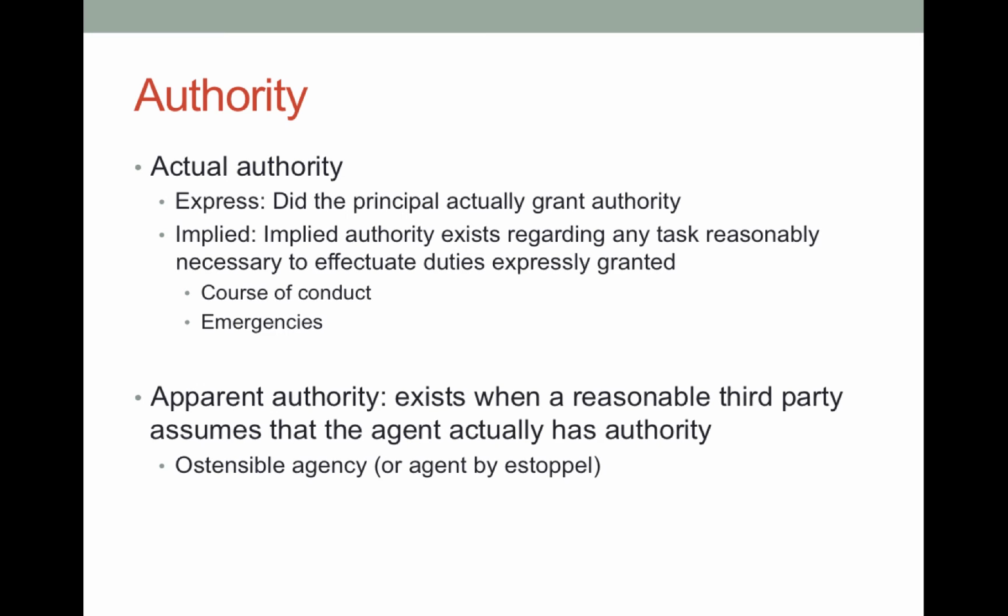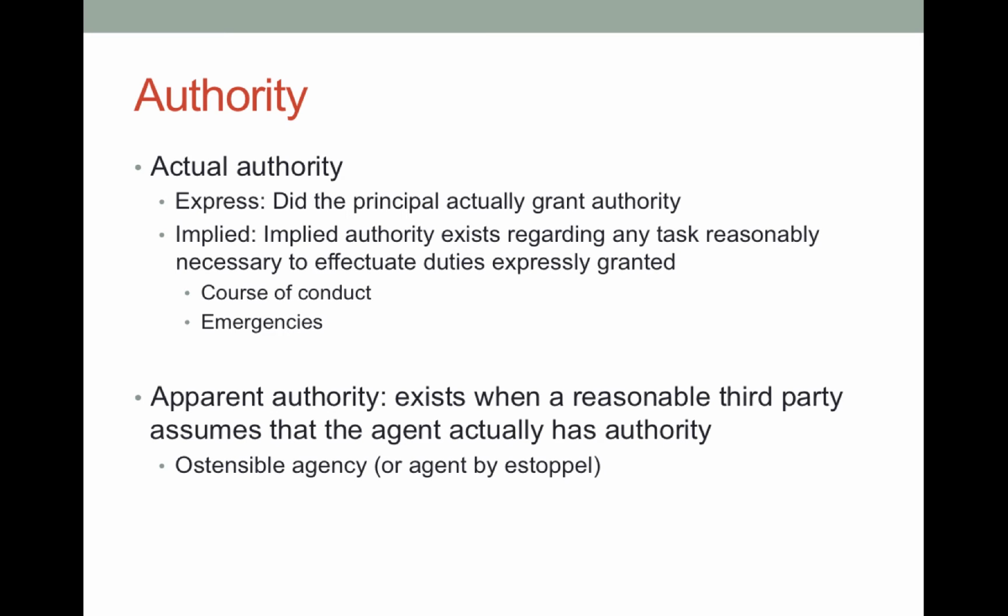Okay, hypothetical number 1. Is the insurance company for whom Laura is an agent, is that company bound by that contract between Laura, their agent, and the third party Jonathan? And the answer is yes. Why? Because number 1, Laura is their agent, and number 2, Laura had authority. She was an actual agent.